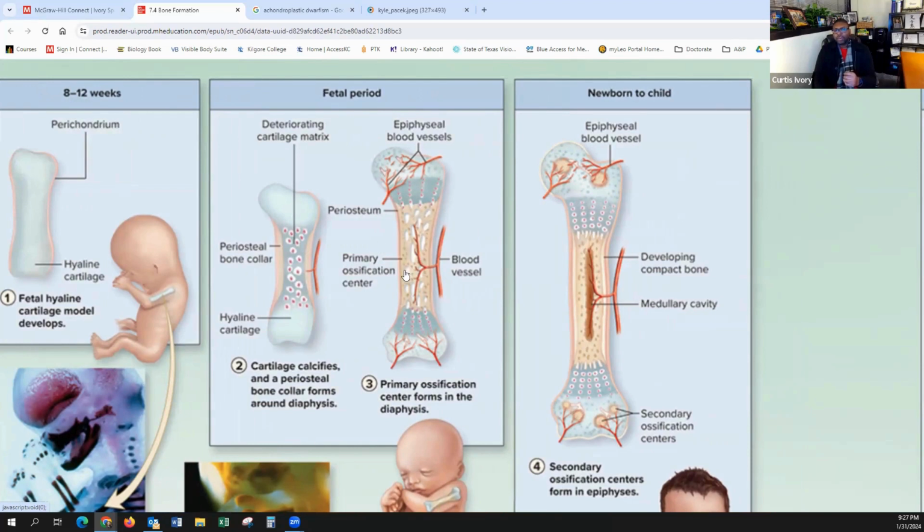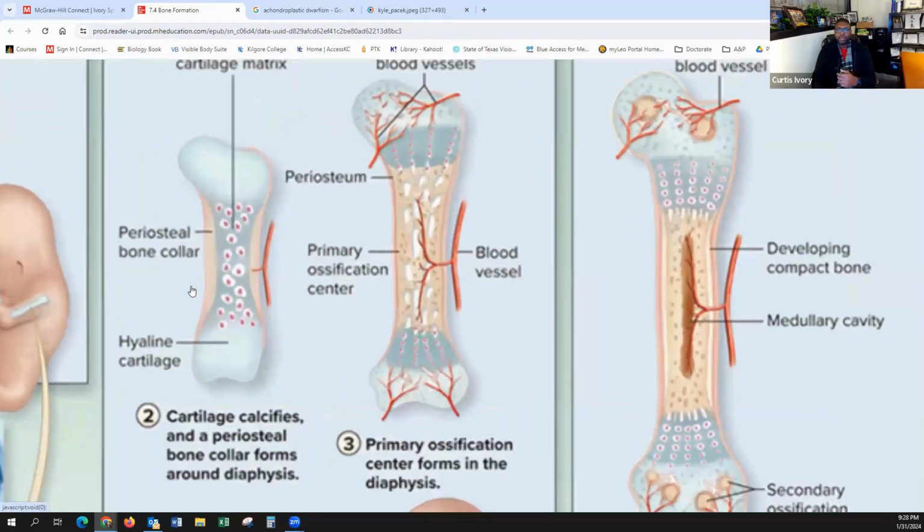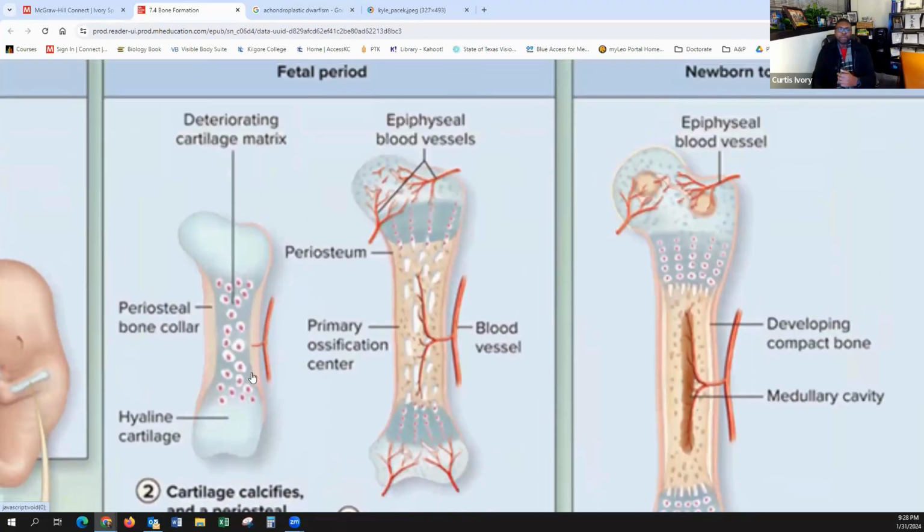And then here we start having what's called primary ossification. Remember, ossification is the building of bone. It's the hardening of bone, or you're adding calcium to turn cartilage into bone. So we actually can see that right here. We see that these are chondrocytes, and then they start turning into bone.